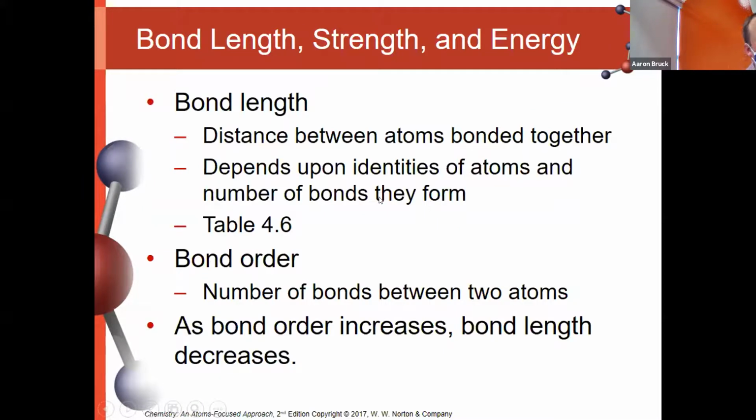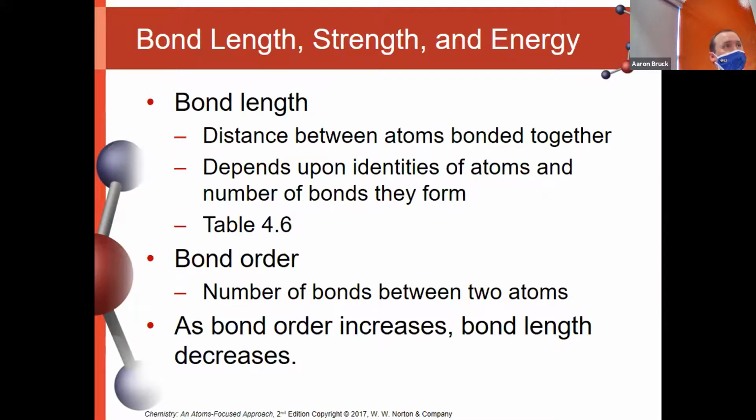The last topic that we want to talk about in this chapter are the relationships between bond length, bond strength, and bond energy. Now, if you go back to the beginning of the chapter, we talked about the idea of lattice energy and how lattice energy for ionic compounds is based upon two ideas: charge of the ions, charge generally leading to attraction.